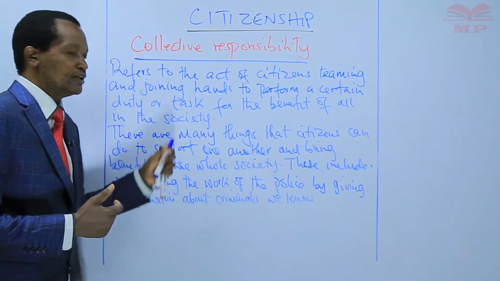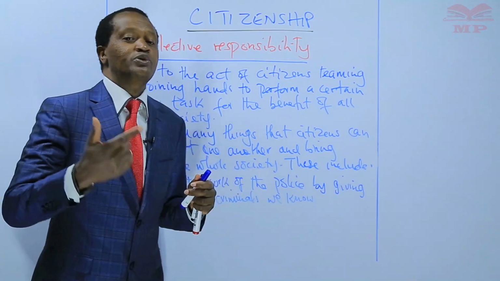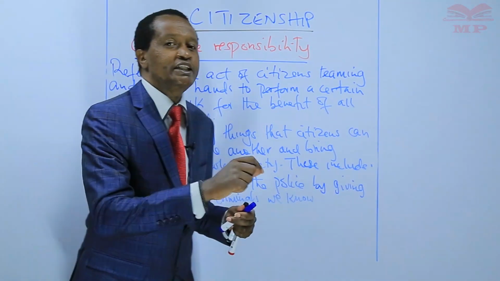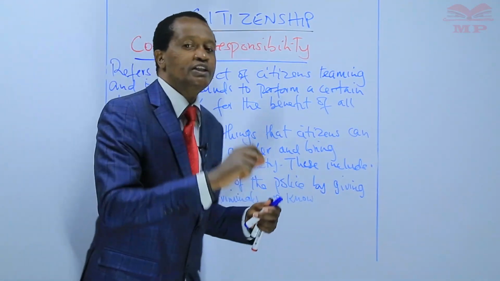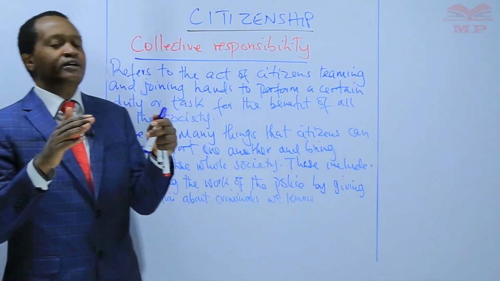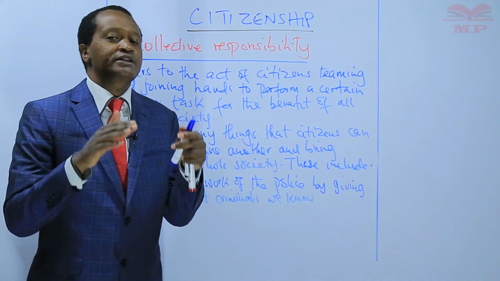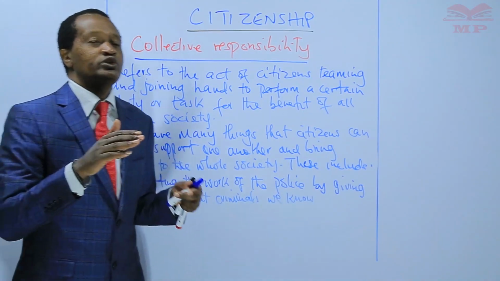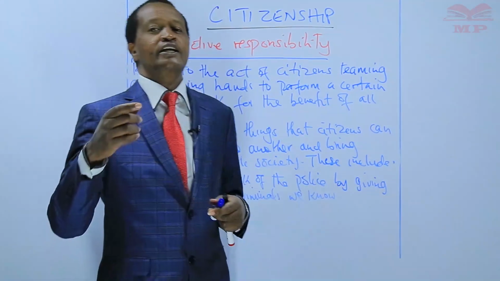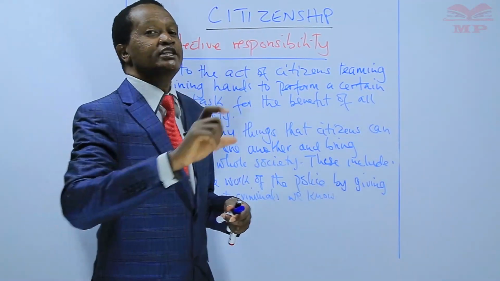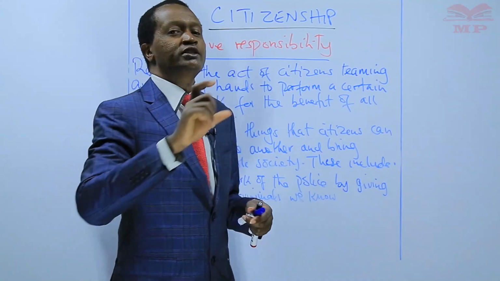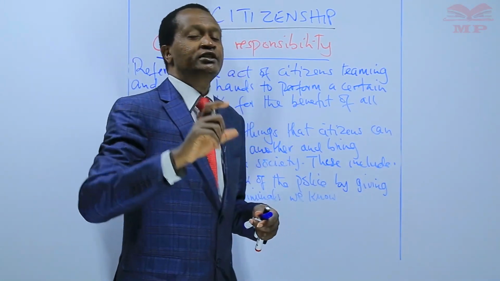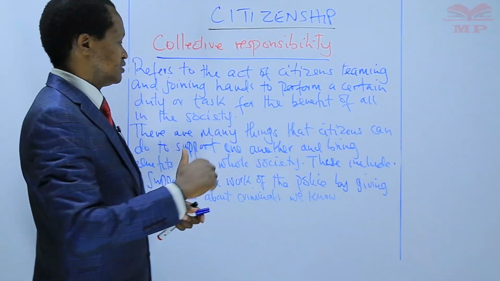And this can be effectively done through what we call community policing, where members of a society take note of any criminal activities in the community and report wrongdoers or lawbreakers to the police.